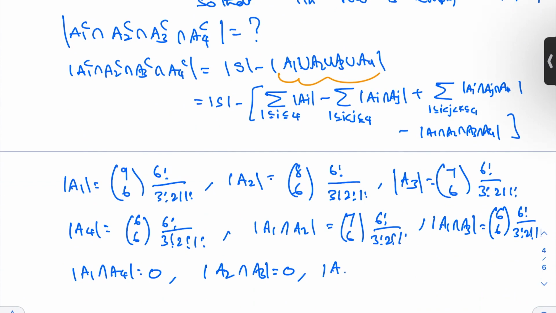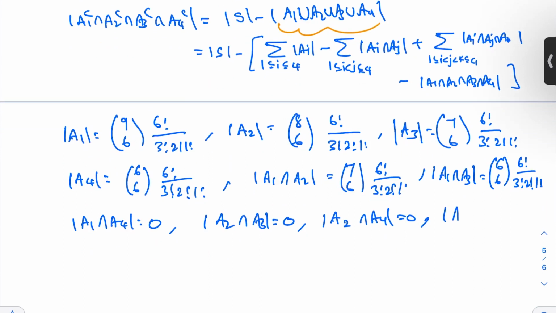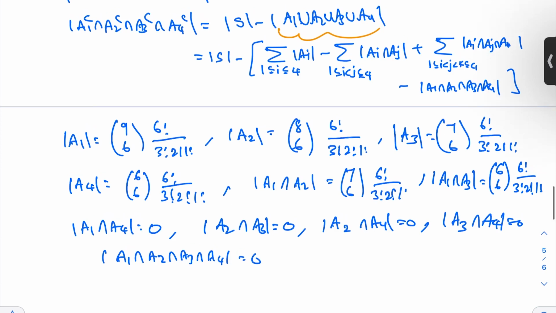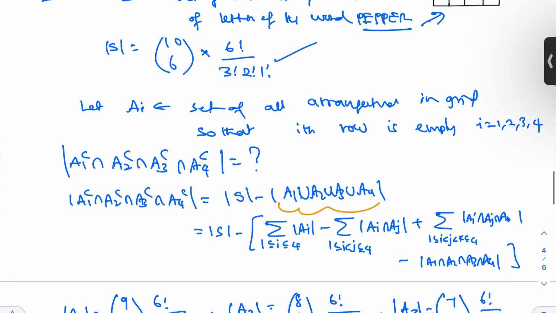Similarly, if you want row 2 and row 4, same thing, 0. And number of elements in A3 intersection A4 also 0. And obviously number of elements in A1 intersection A2 intersection A3 intersection A4 also will be 0 because we cannot make all of them empty.